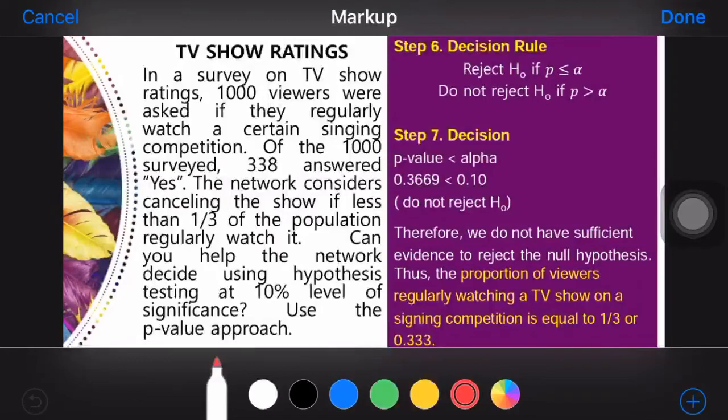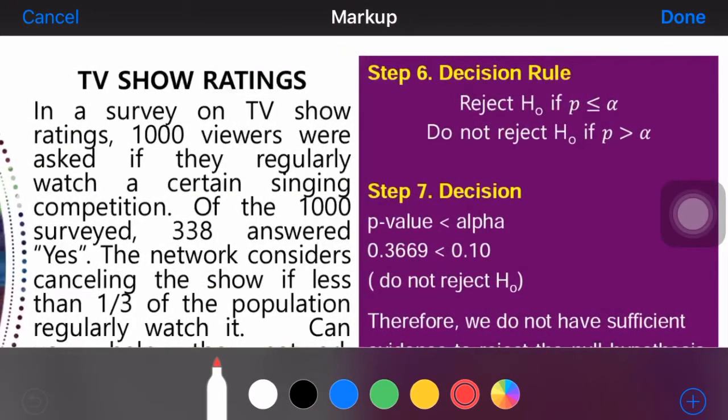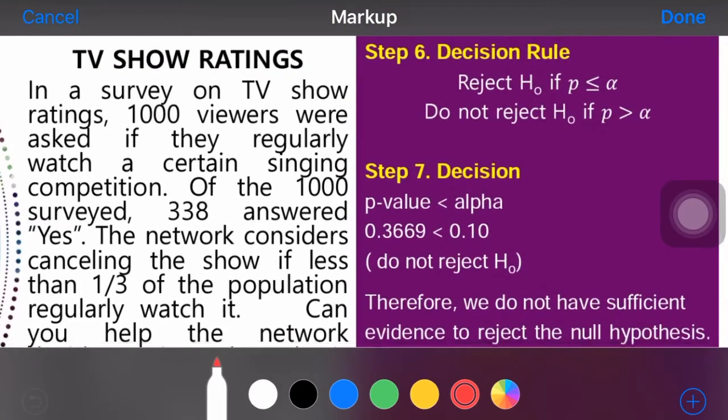Now we will consider the decision rule for the p-value approach. We reject the null hypothesis if our p-value is less than or equal to alpha. But if our p-value is greater than our alpha, then we do not reject our null hypothesis. Our p-value is 0.3669, and that is greater than our 0.10 level of significance.